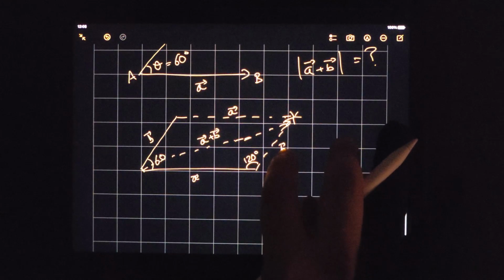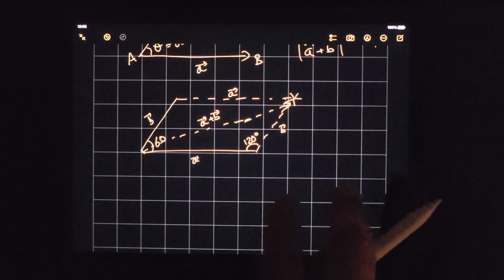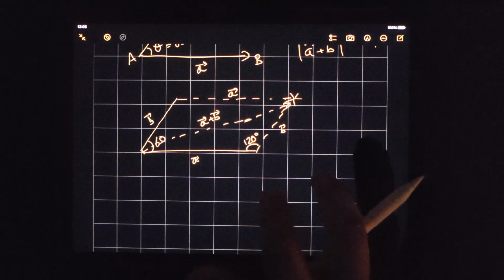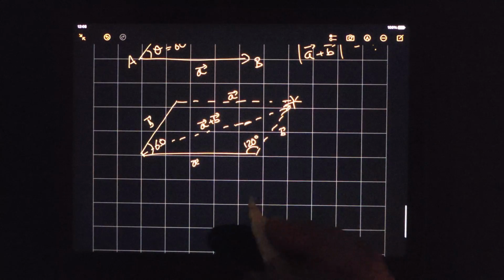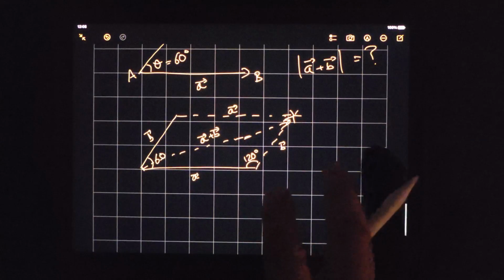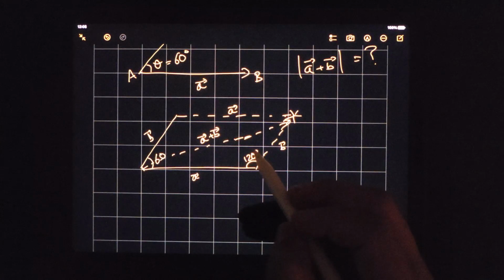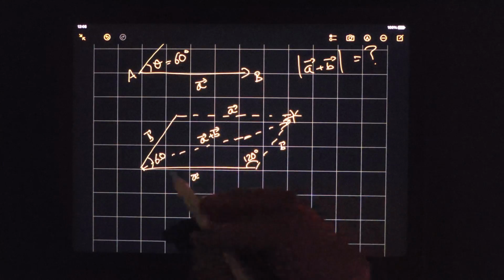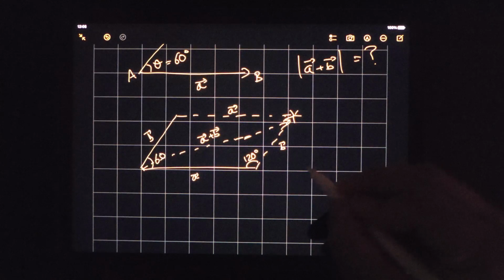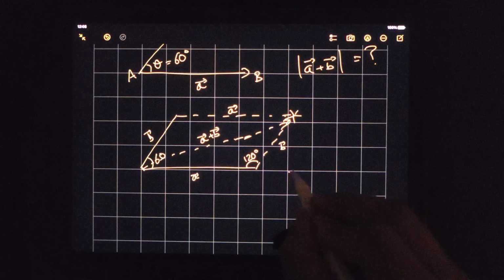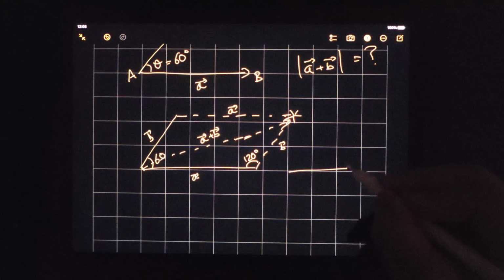So when we use the parallelogram, we could basically use the cosine law. If we were to redraw this, we basically have this side and that side, with the angle of 120.